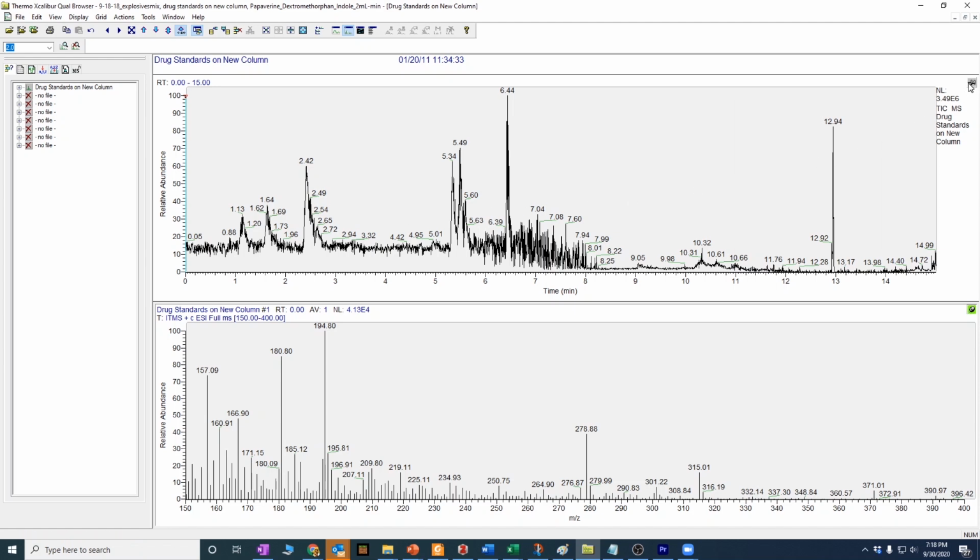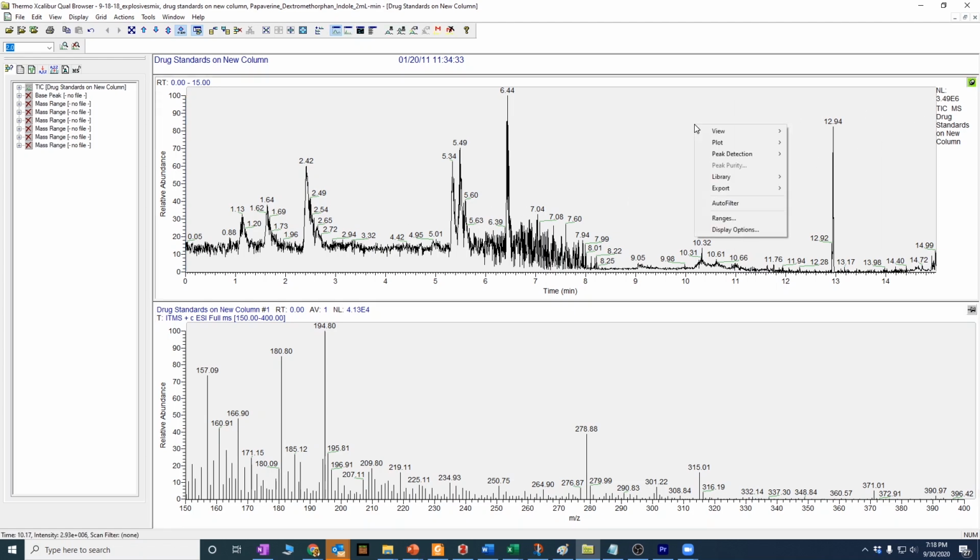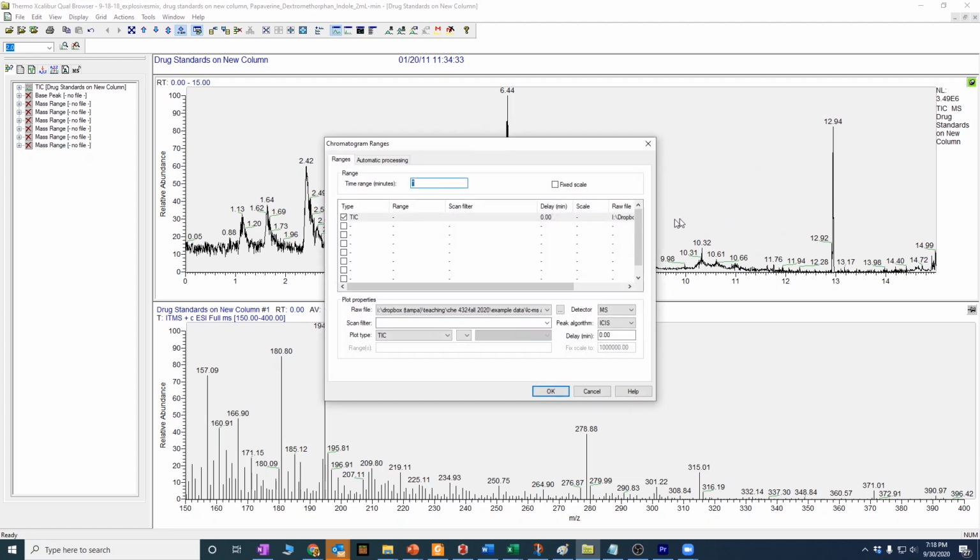So the first thing I'm going to do is something similar to what we did with the UV data. I'm going to tell it, don't show me the total ion chromatogram. I don't want you to show me the y-axis as the sum of all the peaks in the mass spectrum. Instead, I want you to pick the tallest peak in the spectrum, which is called the base peak, and let that be the intensity.